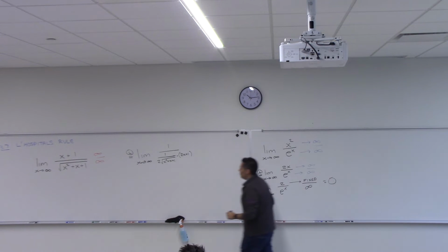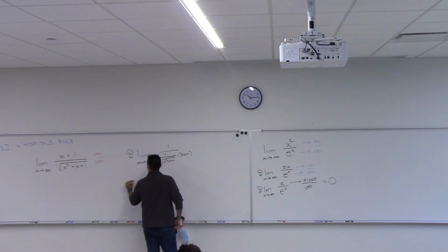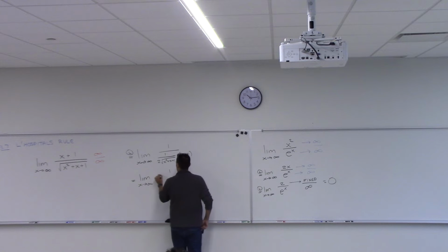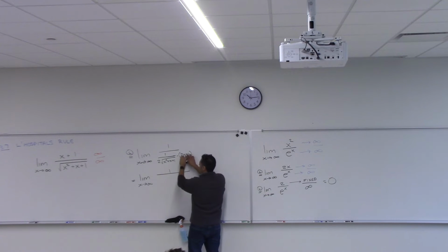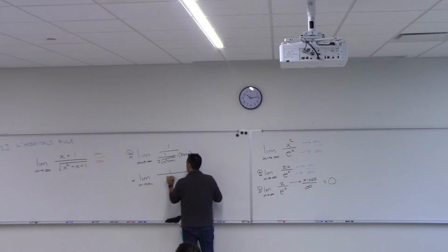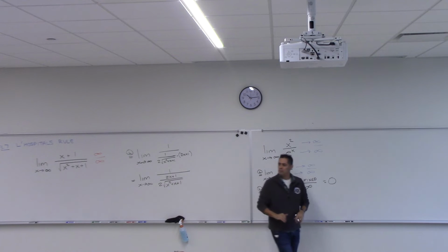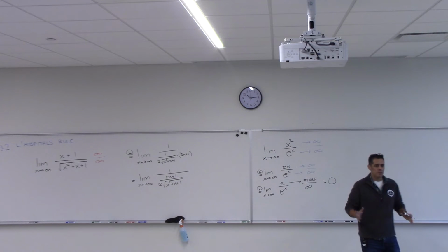Let me clean that up a little bit so you don't go too far ahead of yourself here. I have 1 on top, right? And on the bottom, I'm going to slide this 2x plus 1 on top of the 2 square root of x squared plus x plus 1. Y'all okay with that? Just moving that thing over?